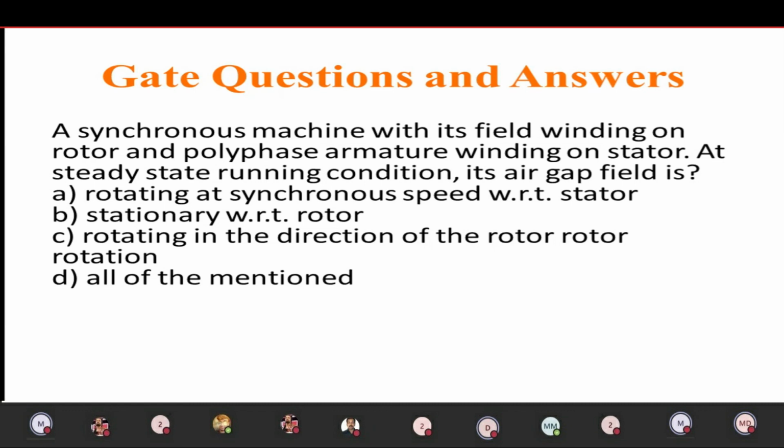At steady state running condition, its air gap field is: A, rotating at synchronous speed with respect to stator; B, stationary with respect to rotor; C, rotating in the direction of the rotor rotation; D, all of the mentioned. So the answer is all of the mentioned.